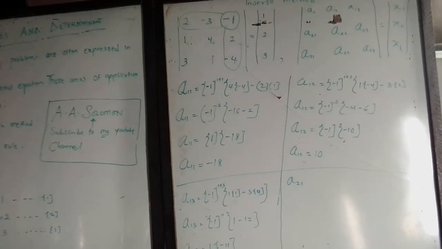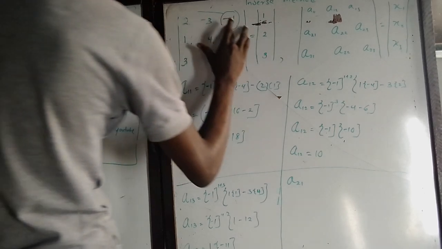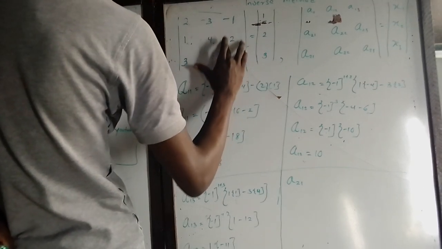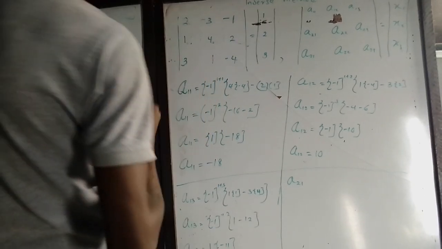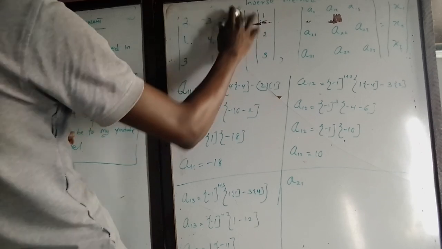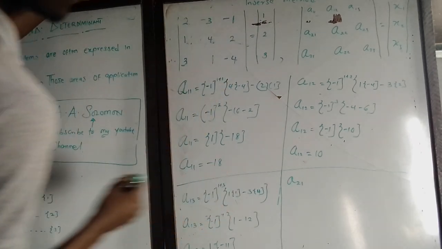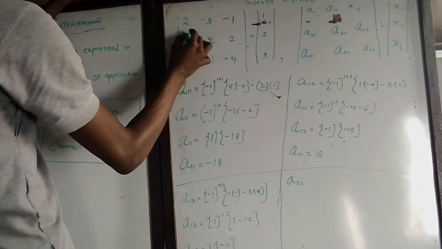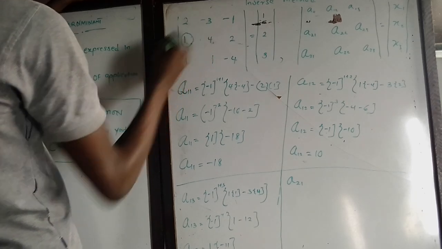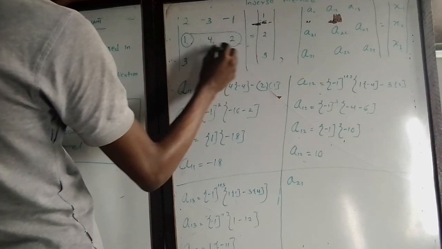A21. So let's name this. So A21 is A21. Now A21 will affect everything here.